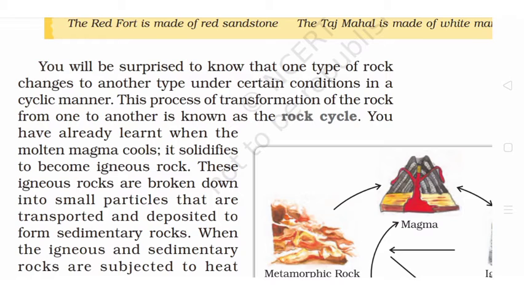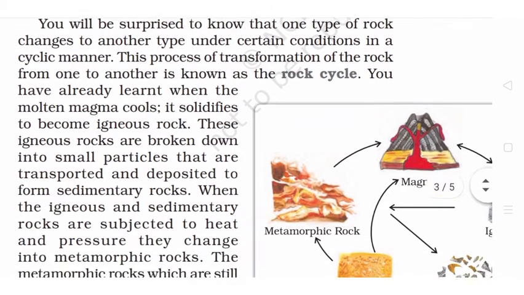When one type of rock changes into another rock in a cyclic manner, this process of transformation of rock from one to another is known as the rock cycle. There is a cycle for changing.